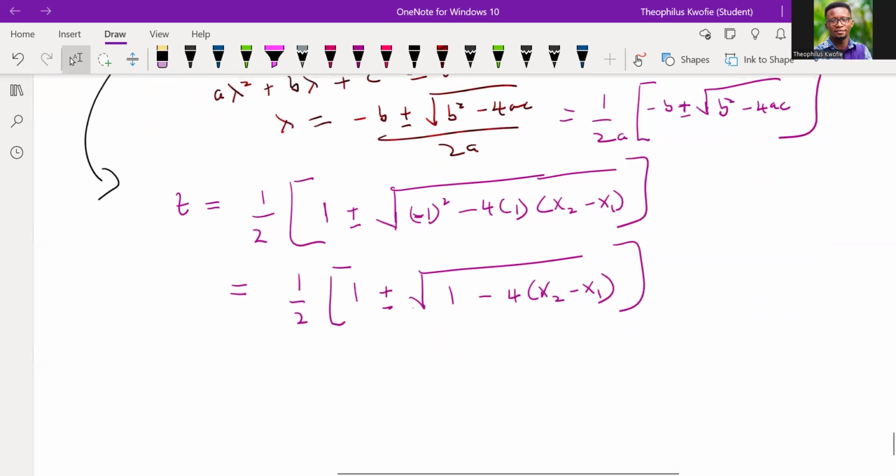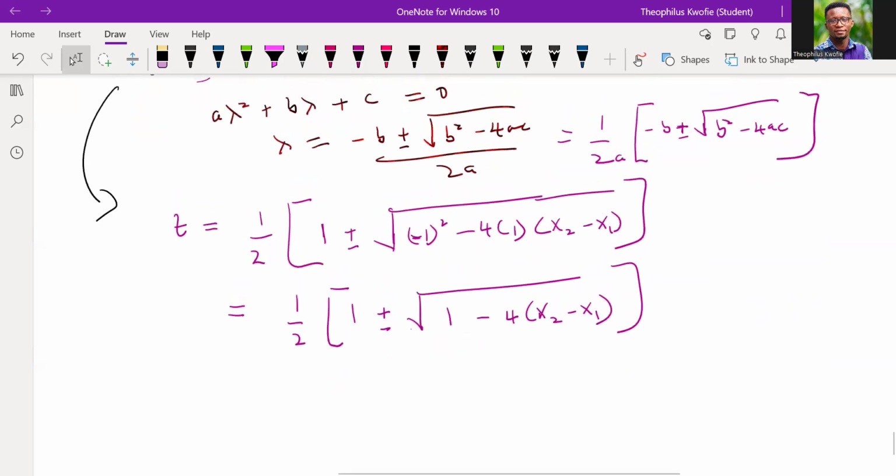And so the first solution, or the first, so we can have two solutions from here, right? Can we see that?